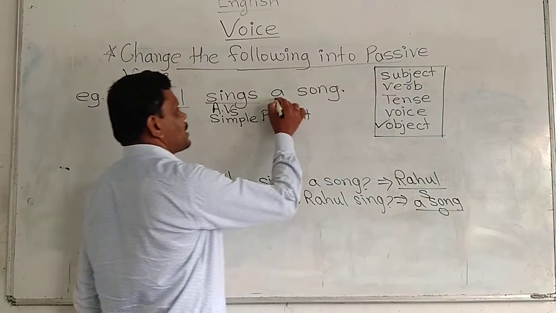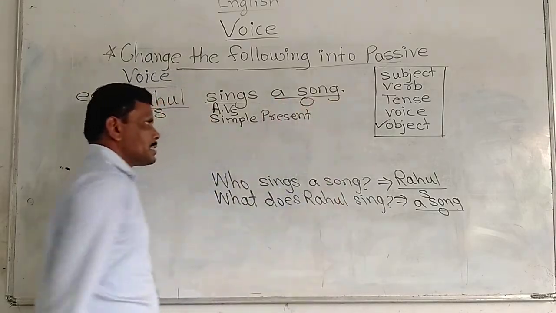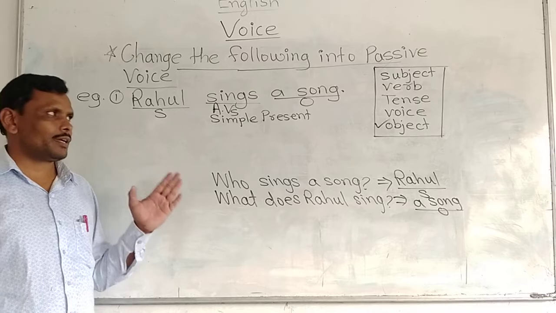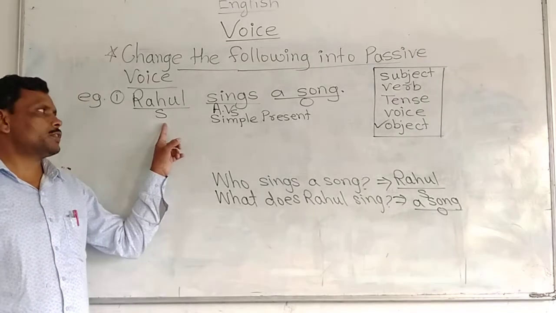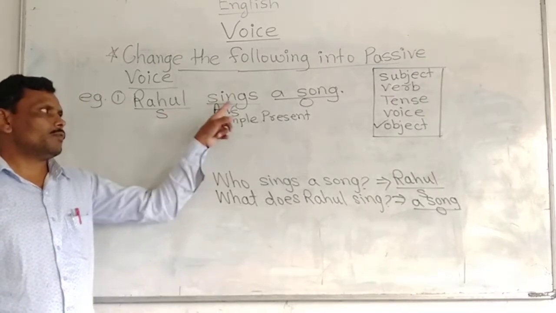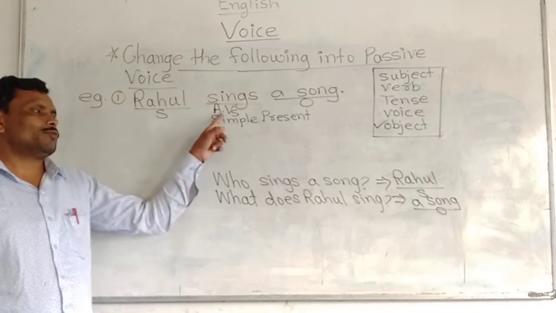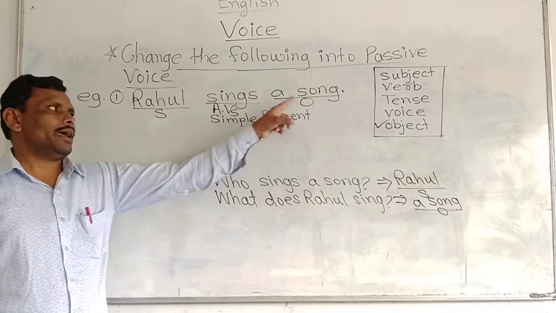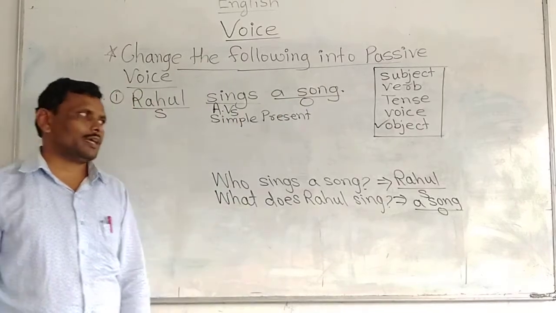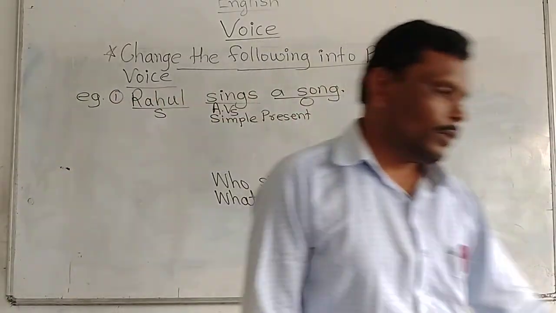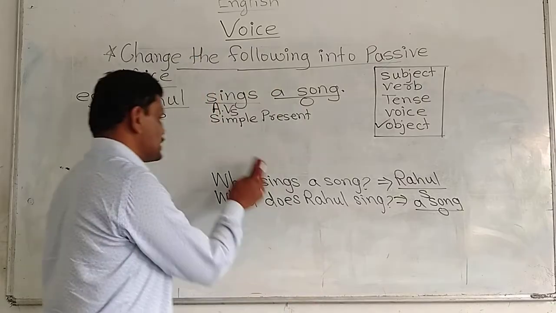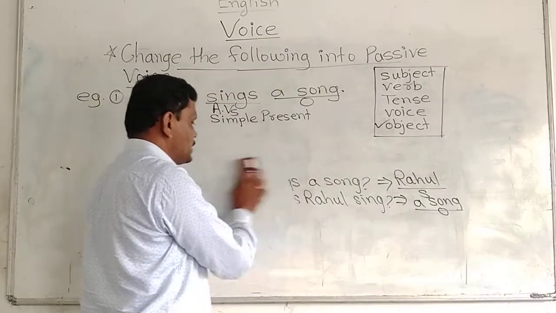So in the given example, a song is the object, correct? We have found the subject, then the verb, its tense simple present, its voice active voice, and the object. Now we have to change this given example into passive voice.